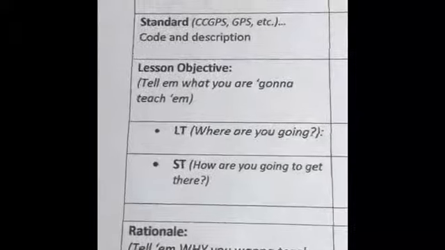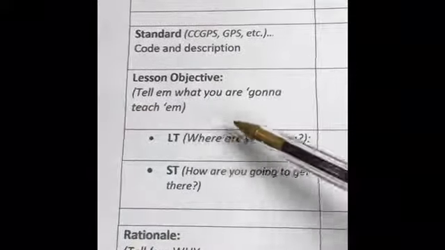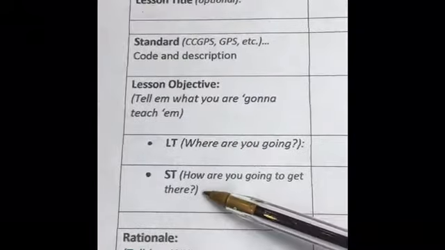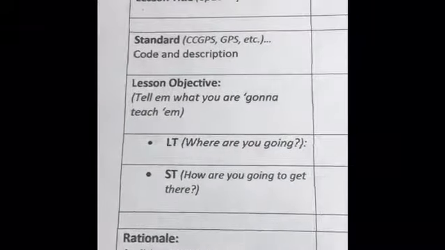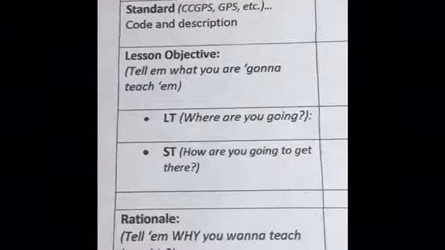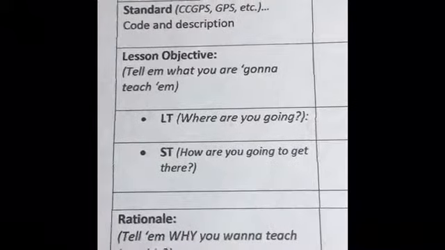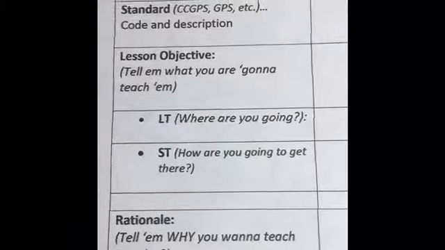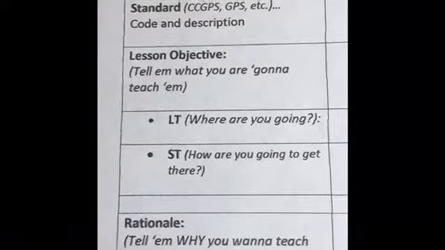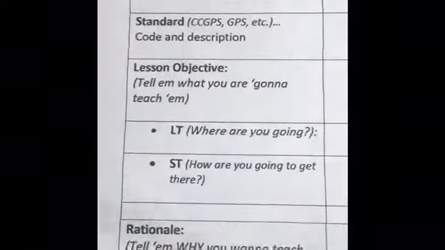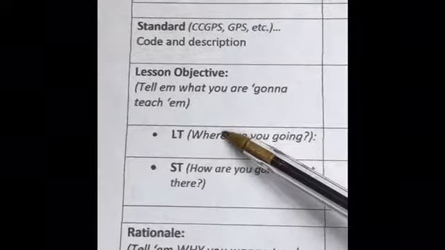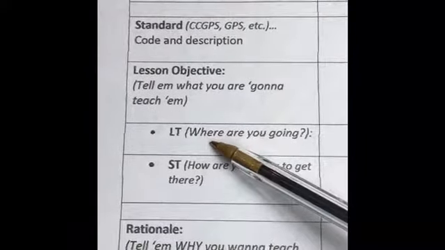All right, the next thing you want to go into is your objective. I broke this out into long-term and short-term, and it's like thinking about it in terms of a trip. Your long-term objective is where you're going in that subject, whether it's your goal by the end of the month, what you want the students to be able to do by the end of the semester, or it may even be by the end of the year. And then your short-term objective is, how are you going to get to that big goal that you have for the month or semester or year?